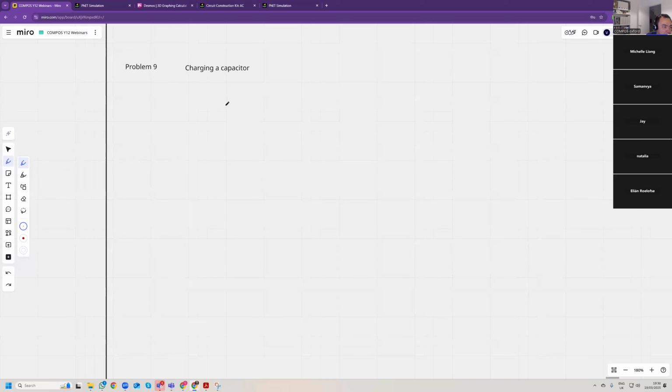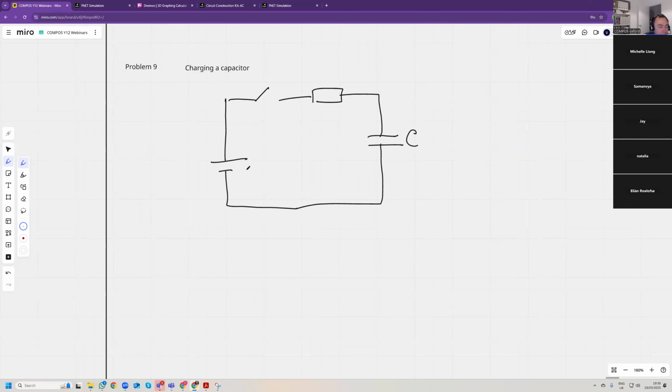So charging a capacitor. I have a battery, I have a switch, I have a resistor, and I have a capacitor, C. Now, the battery is EMF, the resistor is R. So when I close the switch, a current flows and charges the capacitor.